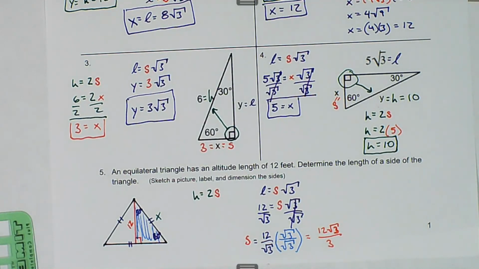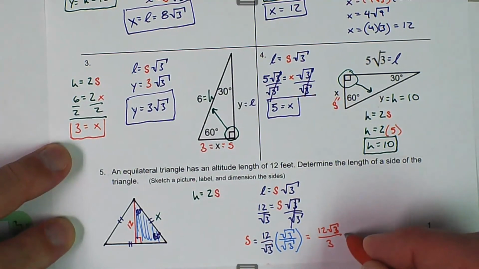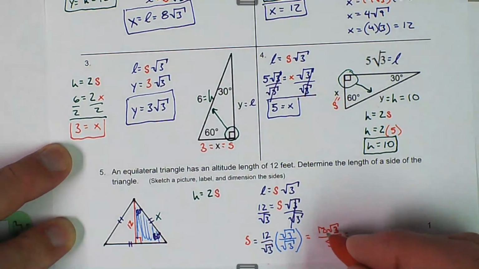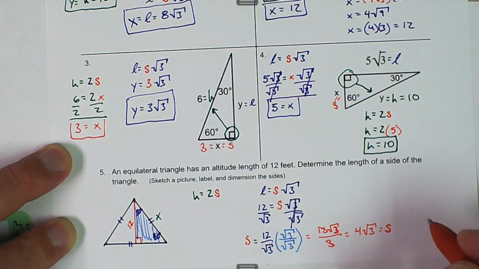Now, our 12 can be canceled by the 3, and we're left with 4. So we get 4 square root of 3. That is equal to our short side.